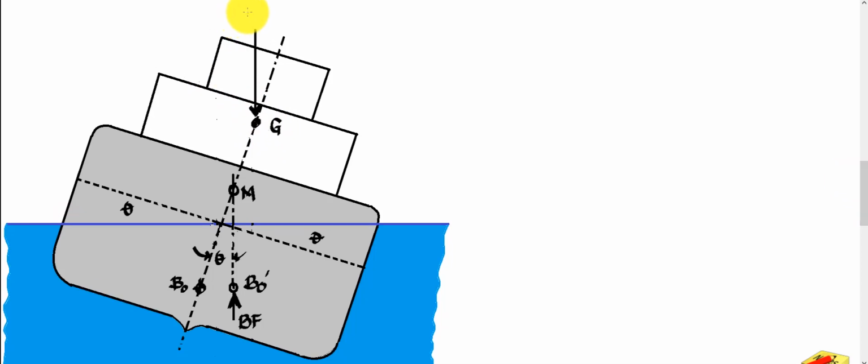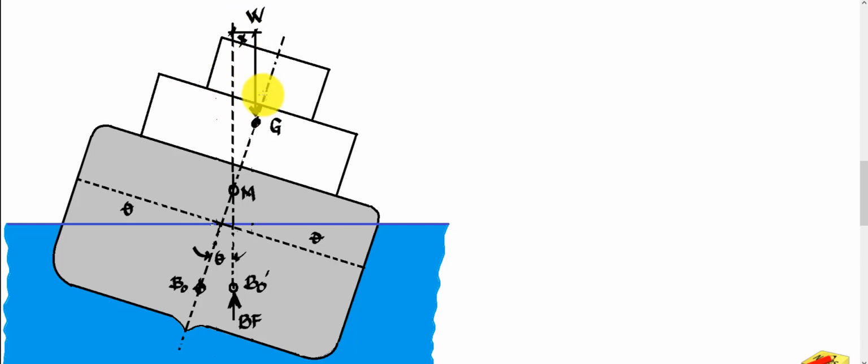The location of our center of gravity is way above the metacenter, where the line of action of the weight will pass through the center of gravity, which is already above the metacenter.